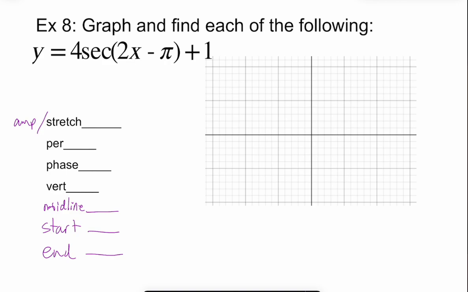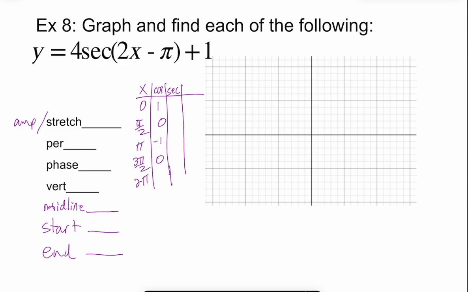Okay, so let's make some charts for our cosine and our secant, just the original. Okay, so this is 0 and 1. Pi over 2 is 0. Pi is at -1. 3 pi over 2 is back to 0. And 2 pi is at 1.